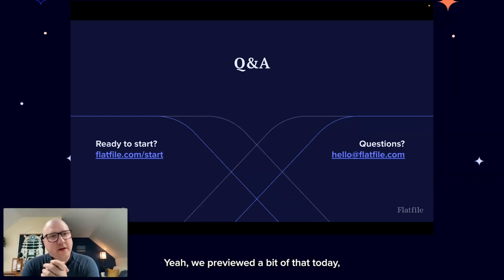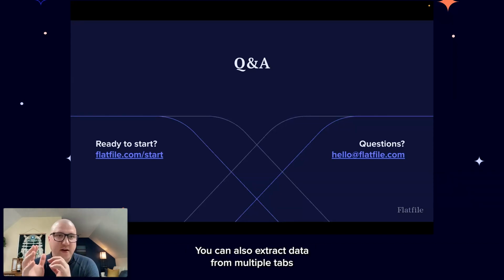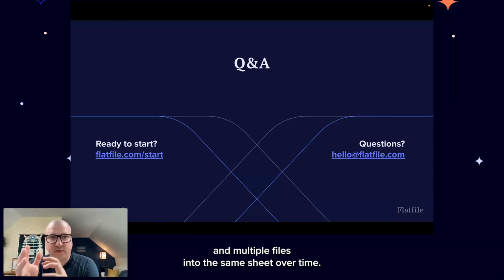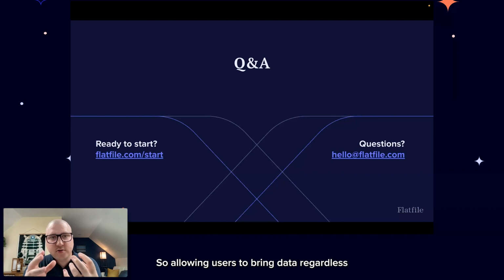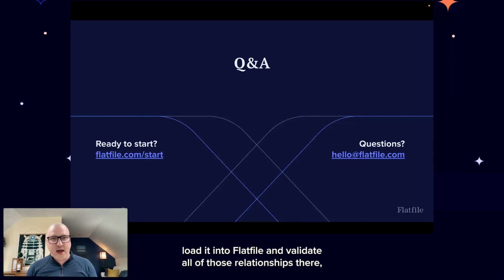Yeah, we previewed a bit of that today, but within Flatfile, you can now build relationships between sheets in your destination system. You can also extract data from multiple tabs and multiple files into the same sheet over time. So allowing users to bring data, regardless of whether it's in a relational structure or in a flat structure, load it into Flatfile and validate all of those relationships there.